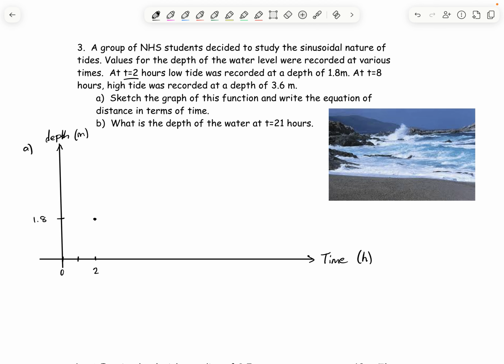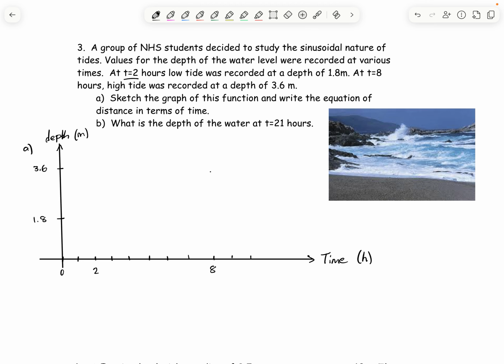Okay, so low tide. At t equals 8 hours, a high tide was recorded at a depth of 3.6. So 2, 3, 4, 5, 6, 7, 8, 9, 10. So that's at 8 hours right there. I'm at a high tide, 3.6 meters.